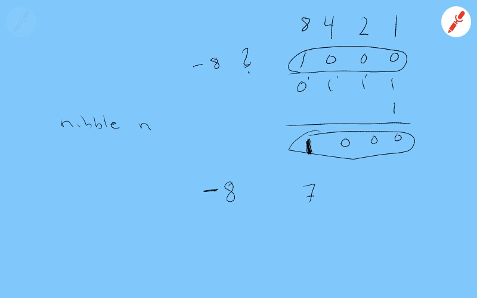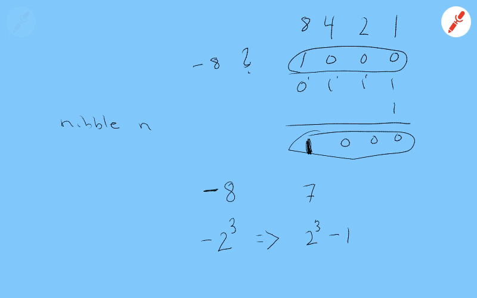So this is -2 to the power of 3. And this is 2 to the power of 3 minus 1. So there's the range of values that you can put in a nibble in 4 bits.